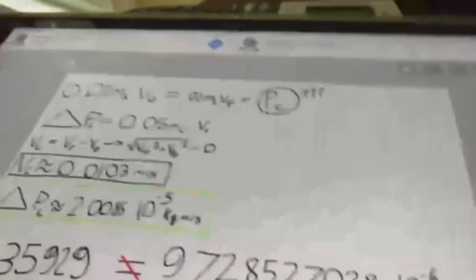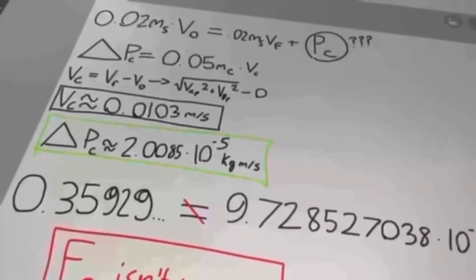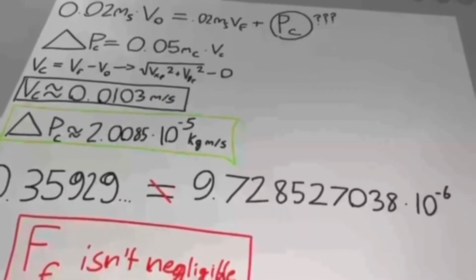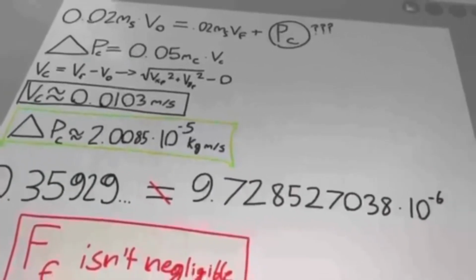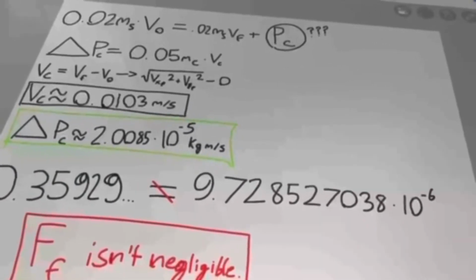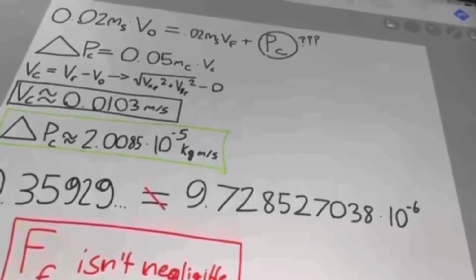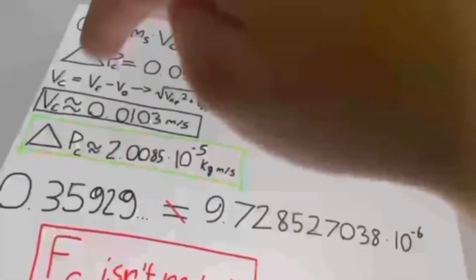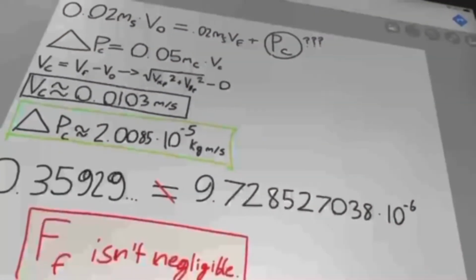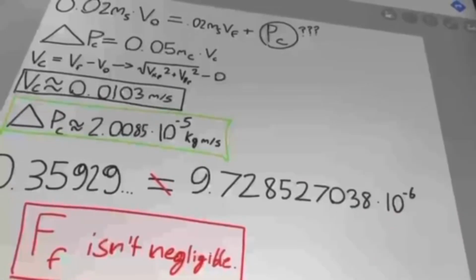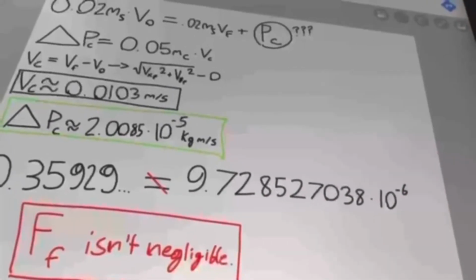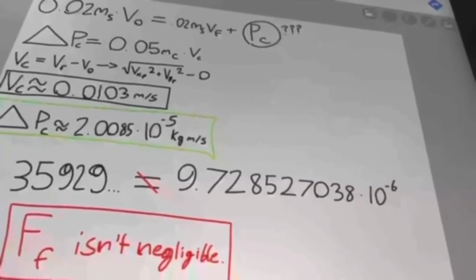And so then I used that in order to discern the impulse, and therein find PC, which I found was around 2.0085 times 10 to the negative 5 kilogram meters per second. I furthermore found this by finding the velocity of the crab after the collision, which I basically did by finding the final velocity subtracted by its initial velocity, and took the vertical and horizontal components that I found in the Vernier video analysis app.